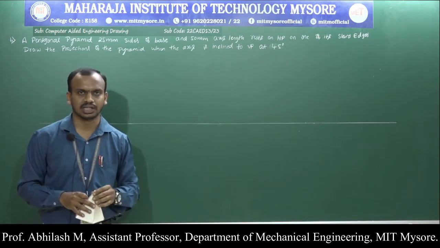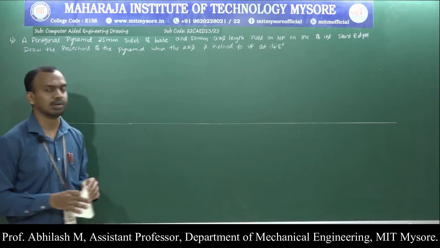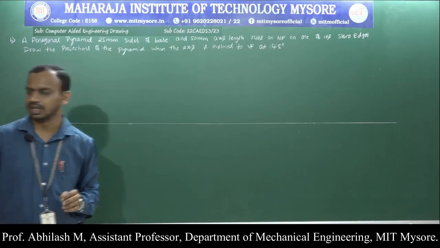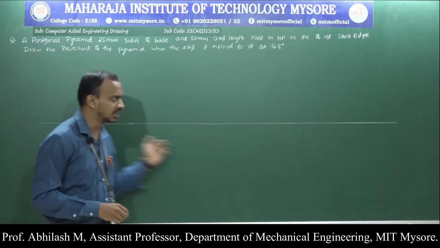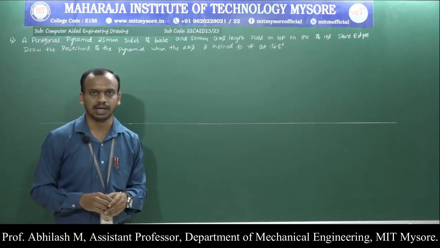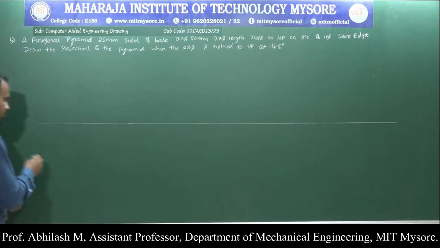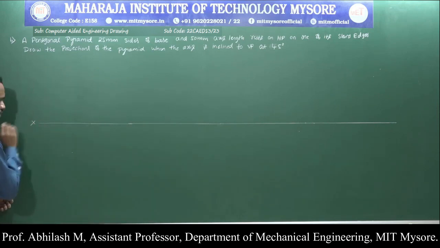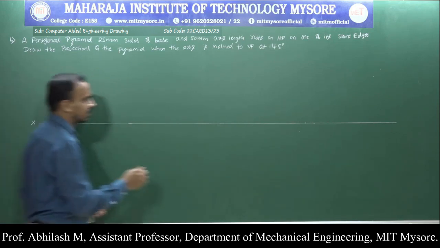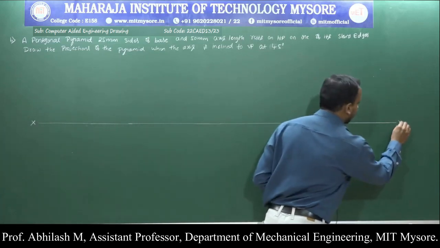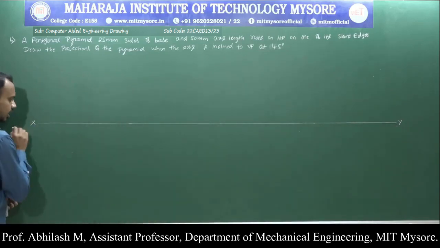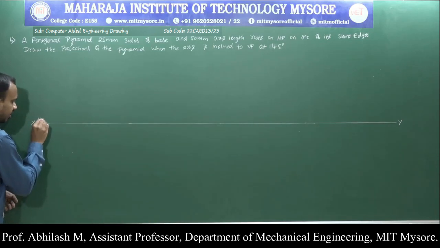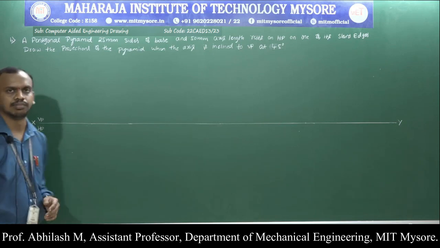So let us begin with the construction of the problem based on the conditions they have given. As usual, the first step is to draw the XY line and mark VP and HP. So we have drawn the X and Y line, and we are also supposed to represent the VP HP condition, the vertical plane and the horizontal plane.